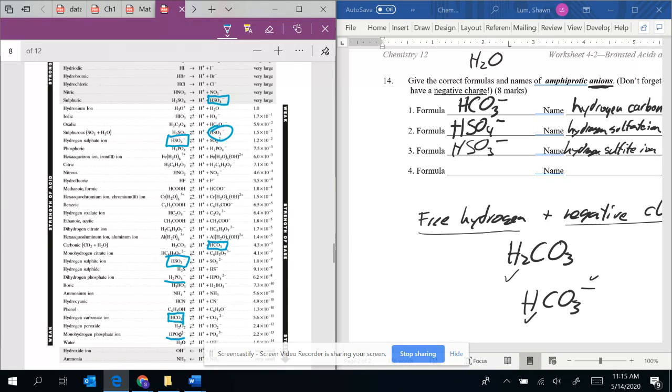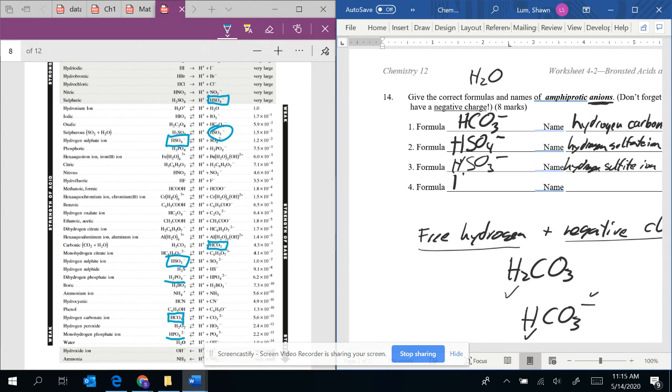So I'm going to just pick the first one that I found, and that's HPO4 2 minus. The name of that is monohydrogen phosphate ion. And remember, I'm just purely getting the names from my table.